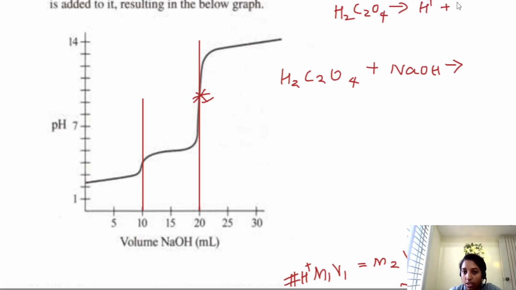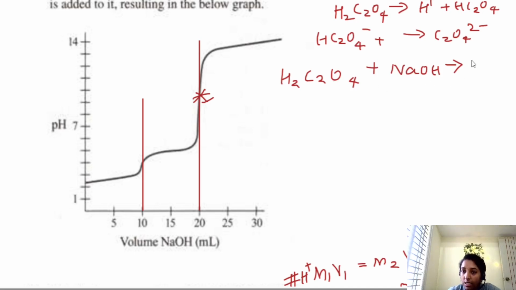So the remaining species is HC2O4 minus. Then that HC2O4 minus will react with the remaining NaOH. So they will release C2O4 2 minus. Correct? Got the idea?